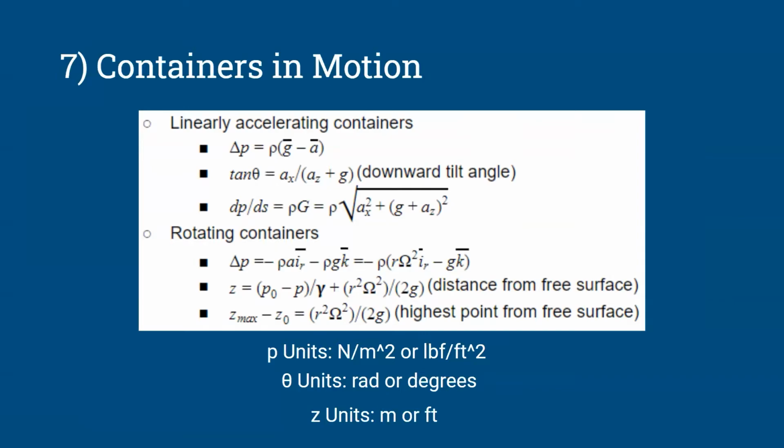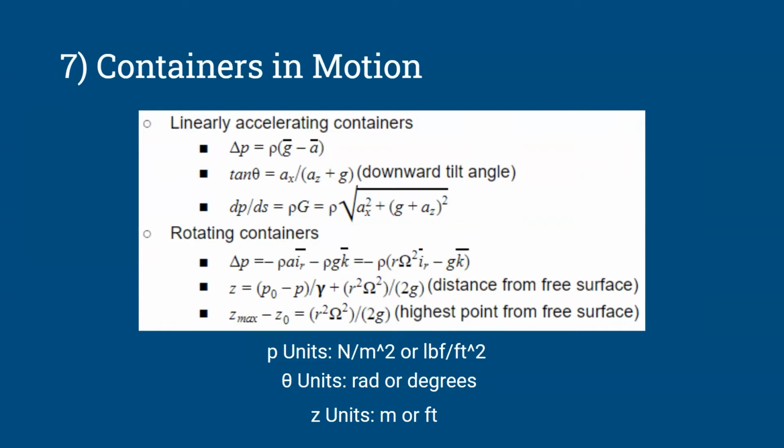For rotating containers, the change in pressure equation is negative density times the radius times omega squared in the I direction minus gravity in the K direction.